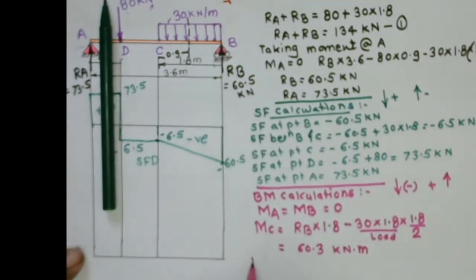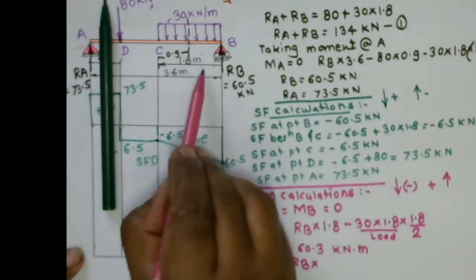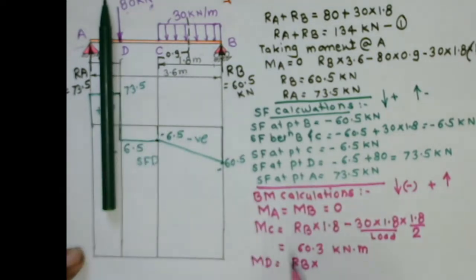Now come to the point D, take a section at point D. So bending moment at point D is equal to, at the right hand side, RB and UDL acting. So again I am writing RB, its distance up to the point D, that is 1.8 plus 0.9, so it becomes 2.7, minus 30 into 1.8, that is the total load of the UDL.